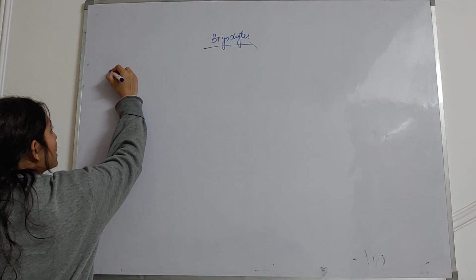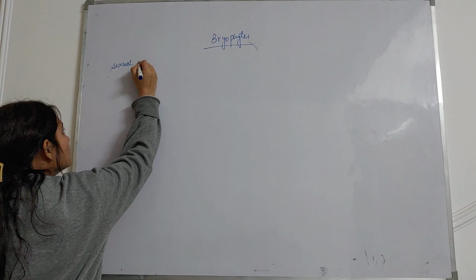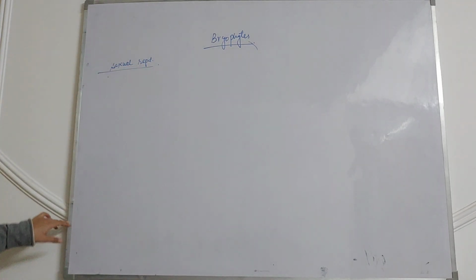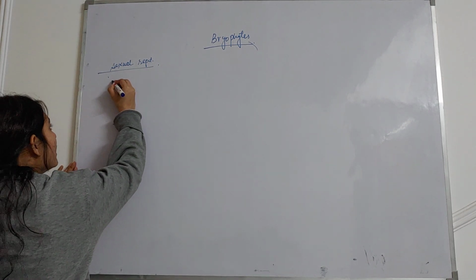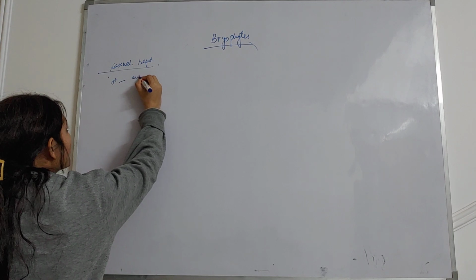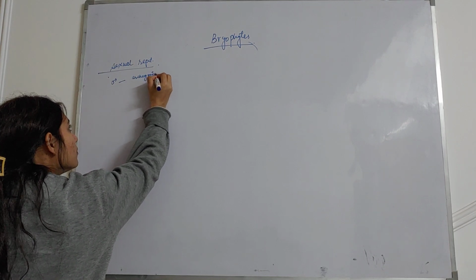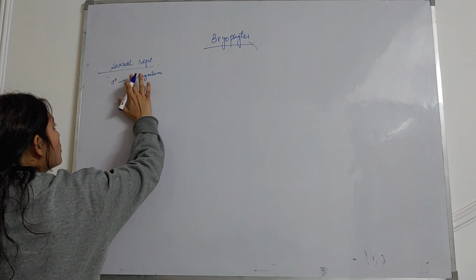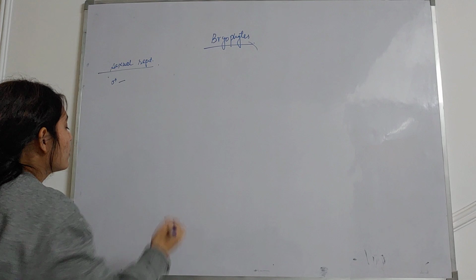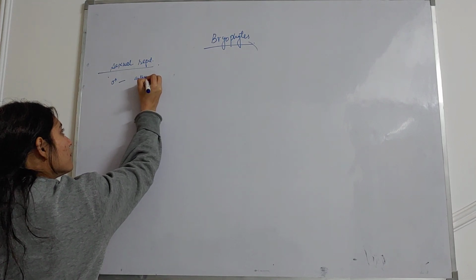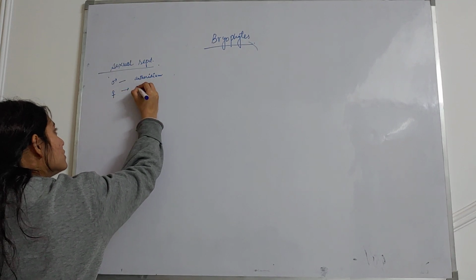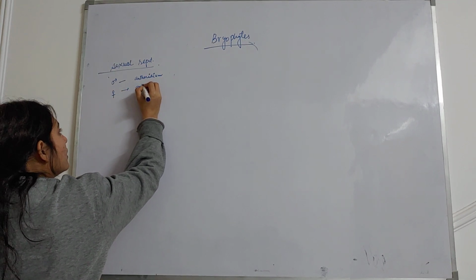In bryophytes, sexual reproduction occurs. How it occurs? Male reproductive organ is antheridium, whereas female reproductive organ is called archegonium.